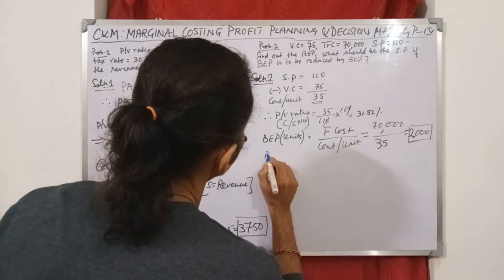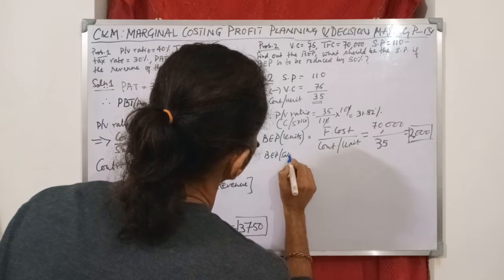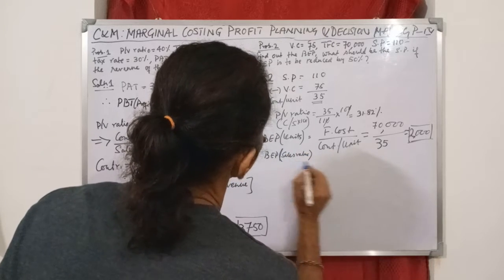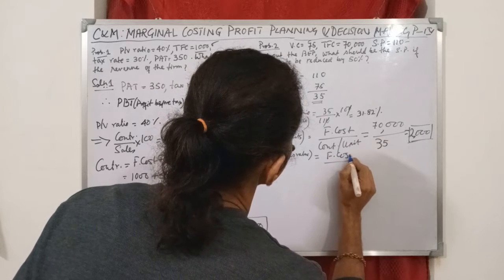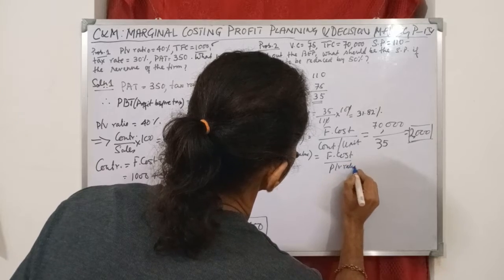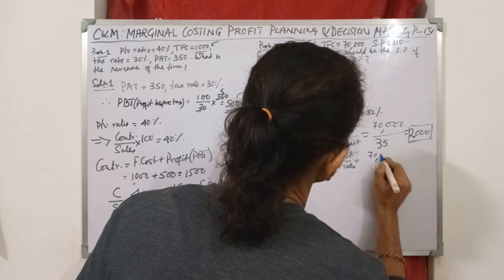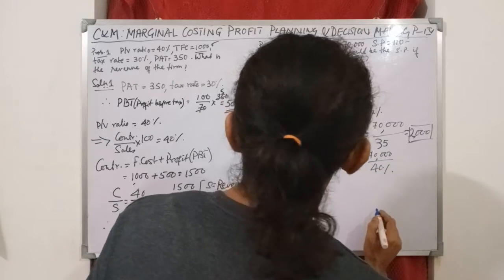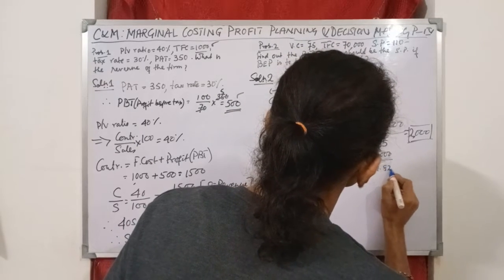And BP in terms of sales value, that is money value of sales, equals fixed cost over PV ratio, that is 70,000 divided by 31.82%.